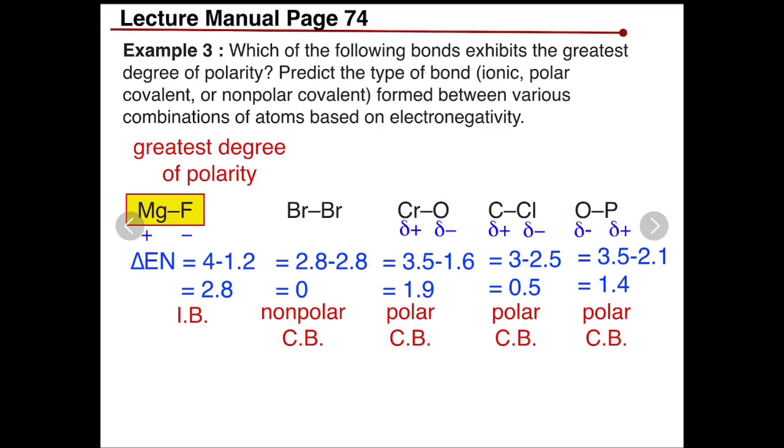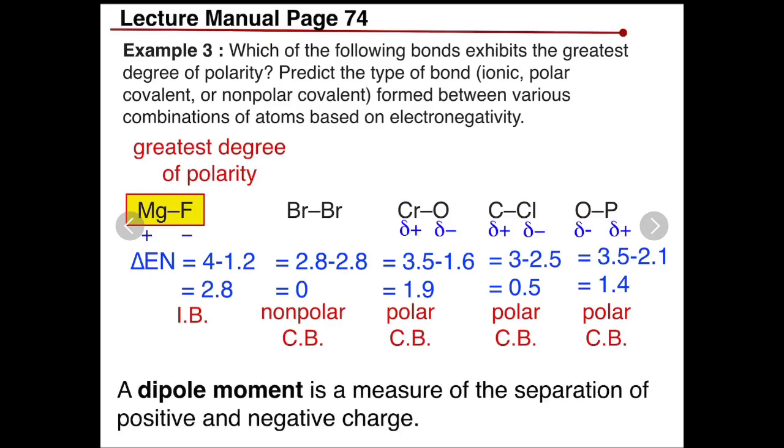Another way to tell about polarity, or the direction of how electrons are being withdrawn, is by using a dipole moment. A dipole moment is a measure of the separation of the positive and negative charges. So the arrow is what we are going to use, right? This arrow right here indicates the dipole moment. The head of the arrow will go toward the one that is able to pull electrons the most, which means the one that has the higher EN value.